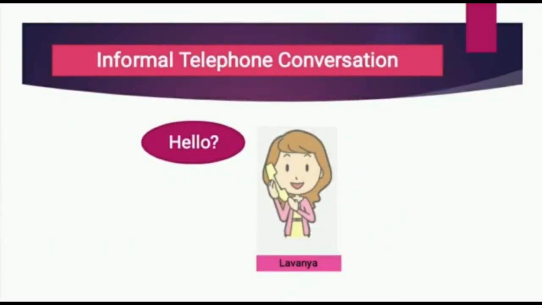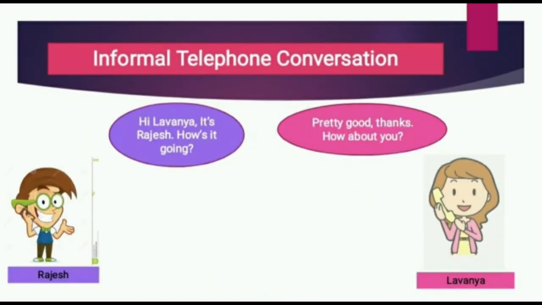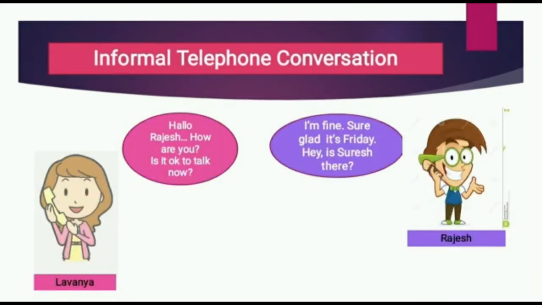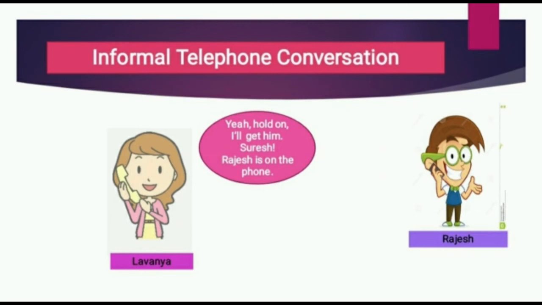Lavanya: Hello, Rajesh. Rajesh: Hi, Lavanya. It's Rajesh. How is it going? Lavanya: Pretty good. Thanks. How about you? Lavanya: Hello, Rajesh. How are you? Is it okay to talk now? Rajesh: I am fine. Sure, glad it's Friday. Hey, is Suresh there? Lavanya: Yeah, hold on. I'll get him. Suresh?